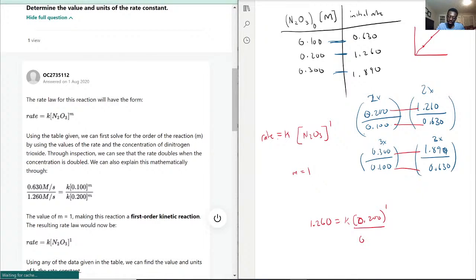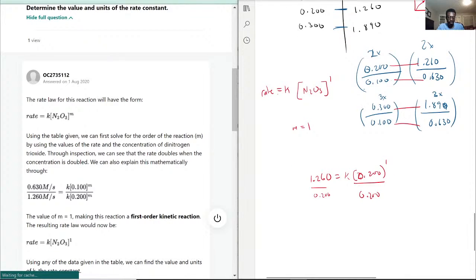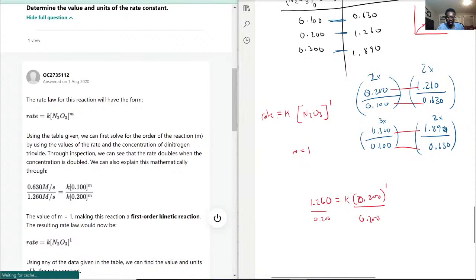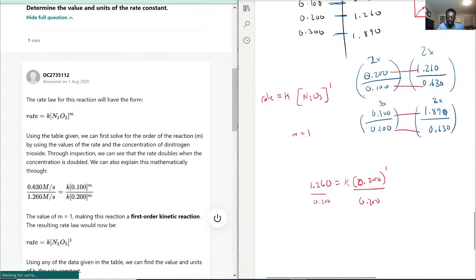So now we divide both sides by that number. And let's see what we get. 1.2. We get that K is equal to 6.3.